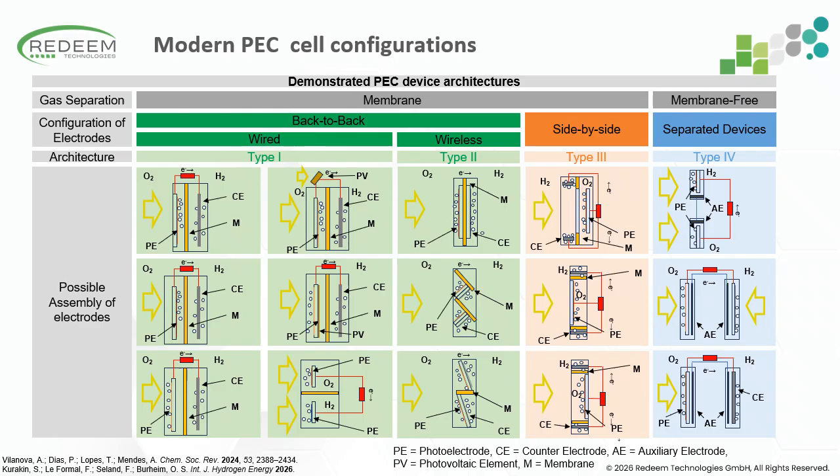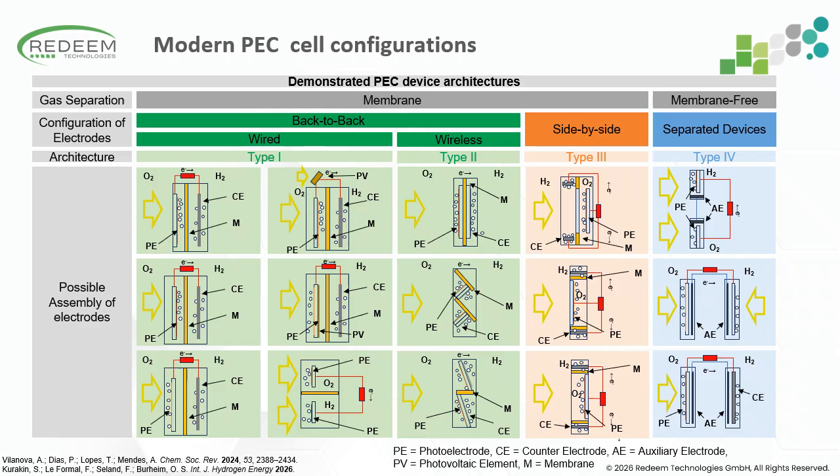Starting on the left, type 1 systems use a membrane and a wired back-to-back configuration. The photoelectrode and counterelectrode are positioned on opposite sides of the membrane and are connected through an external electrical circuit. This architecture offers straightforward gas separation and allows each electrode to be optimized independently. Different layouts exist here, for example, with integrated photovoltaic elements or different membrane positions, but the overall concept remains the same.